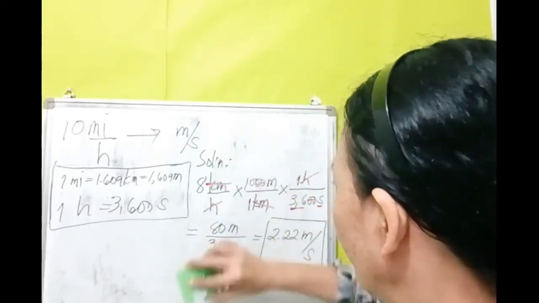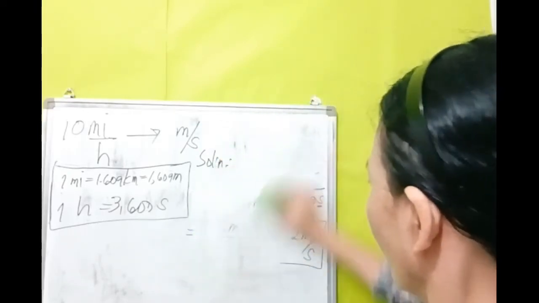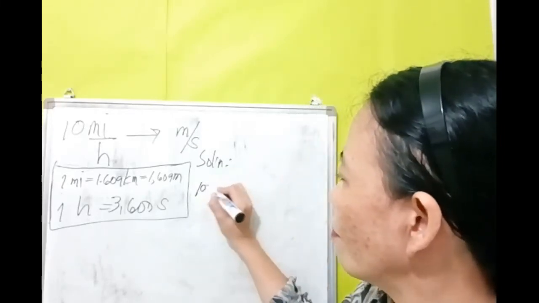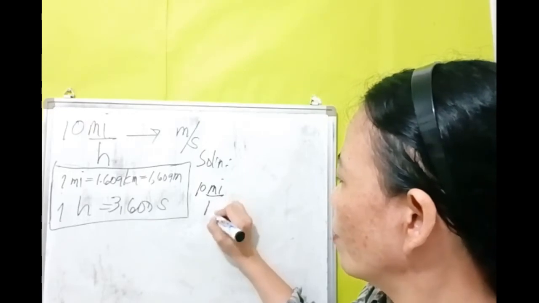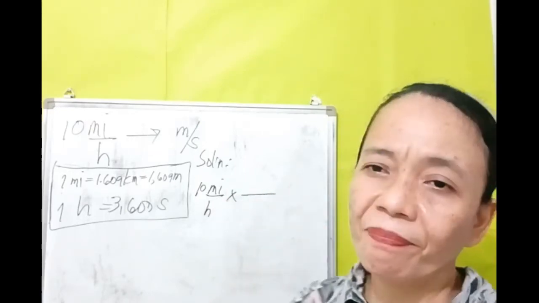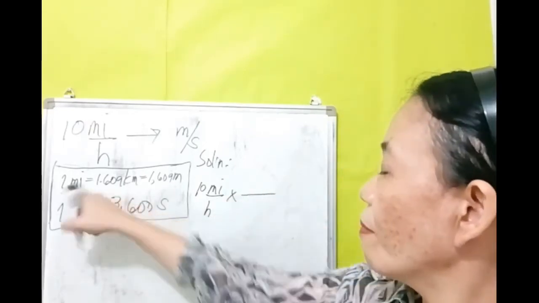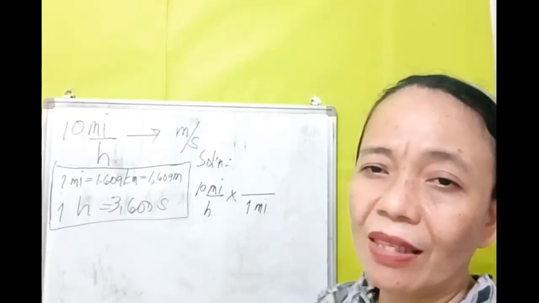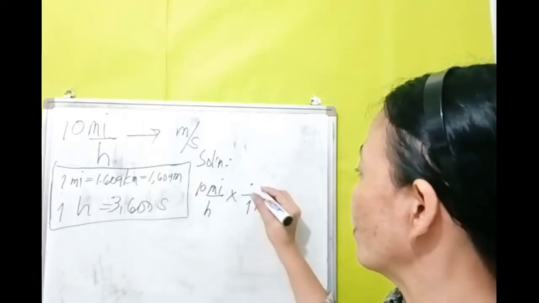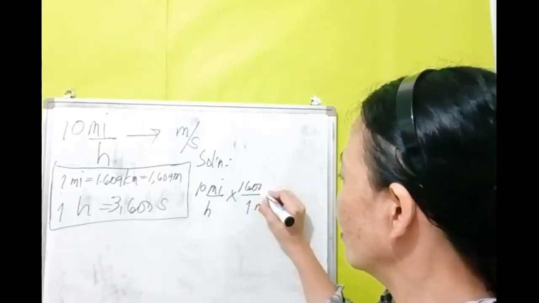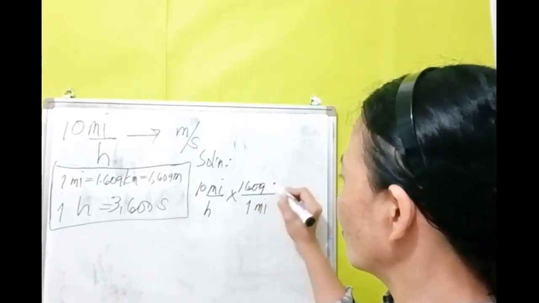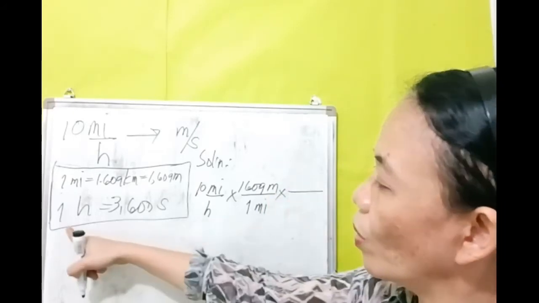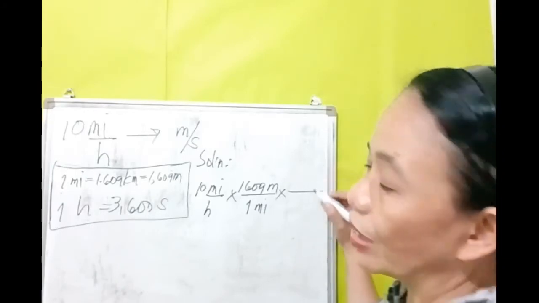Okay, so let's solve now. Copy 10 miles per hour multiplied by, in 1 mile, write 1 mile in the denominator, next, 1609 meters in the numerator, multiplied by 1 hour is equal to 3600.